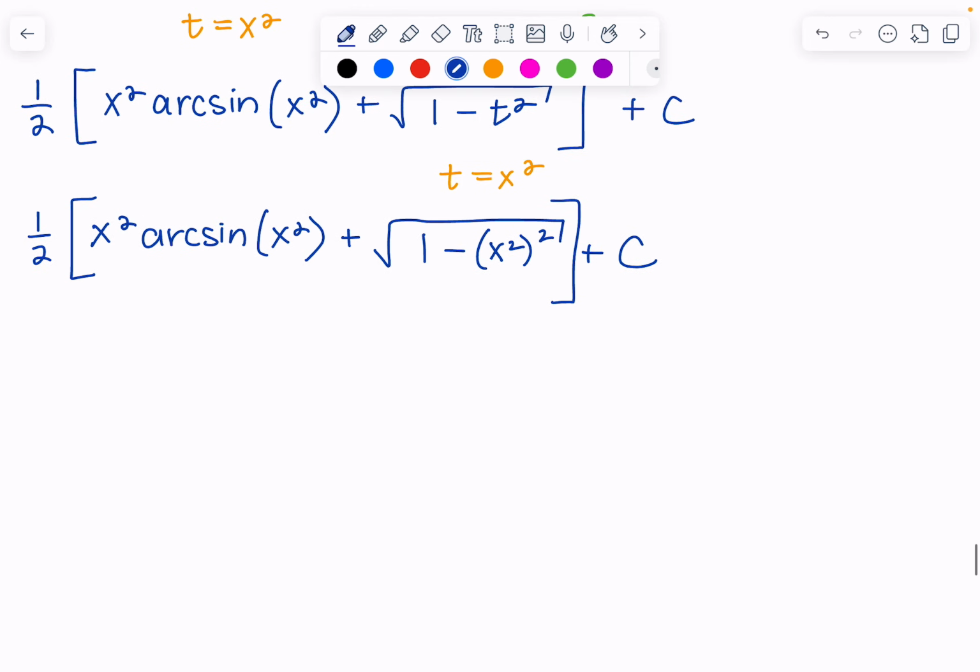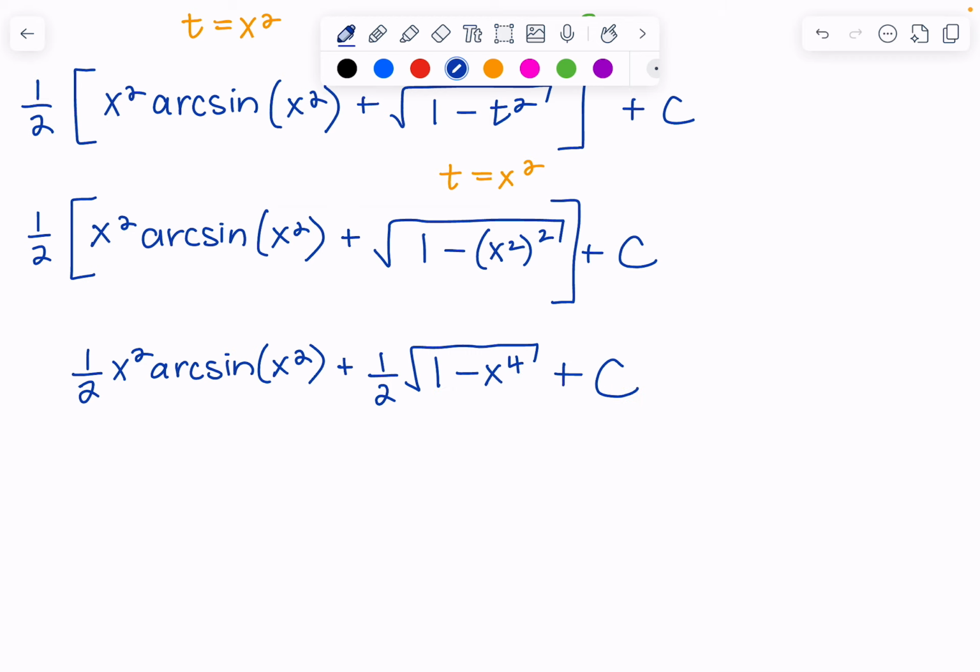Okay, and then for my last step, I'm going to distribute this 1/2 and then also do x squared squared, which would be x to the 4th. Okay, so the best answer on this would be 1/2 x squared arcsine of x squared plus 1/2 times the square root of 1 minus x to the 4th plus a constant.